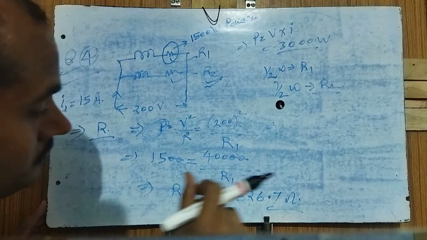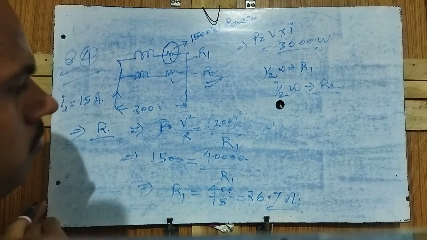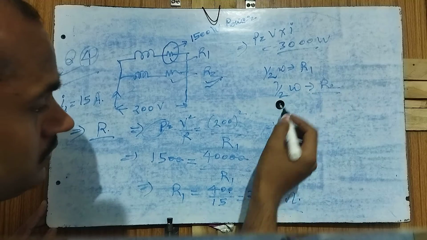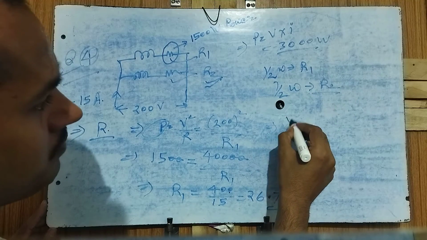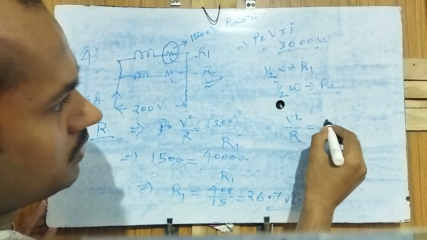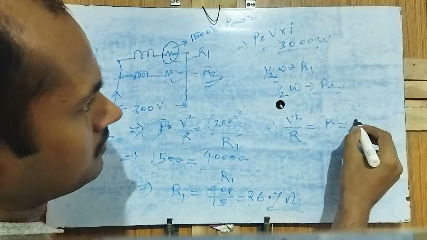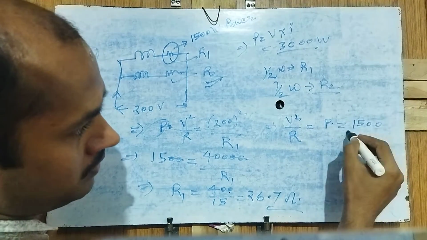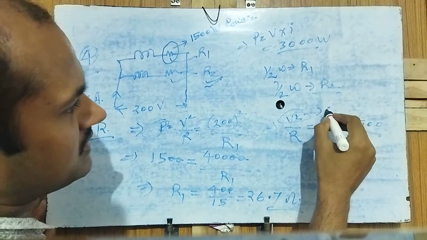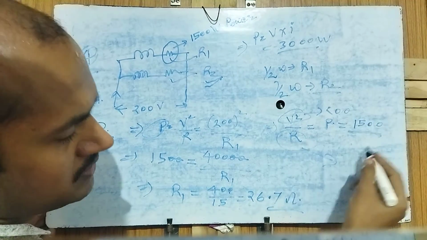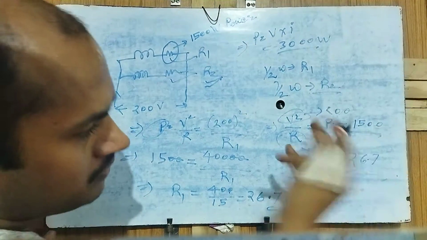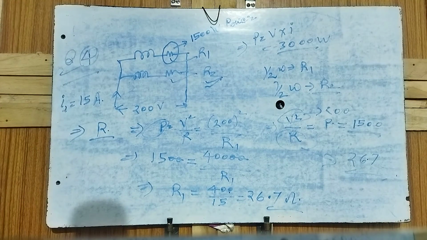So V square by R is equal to P, where P is 1500 watt. Power is the same, voltage is the same, so resistance will be the same, 26.7. No need to calculate. Thank you.